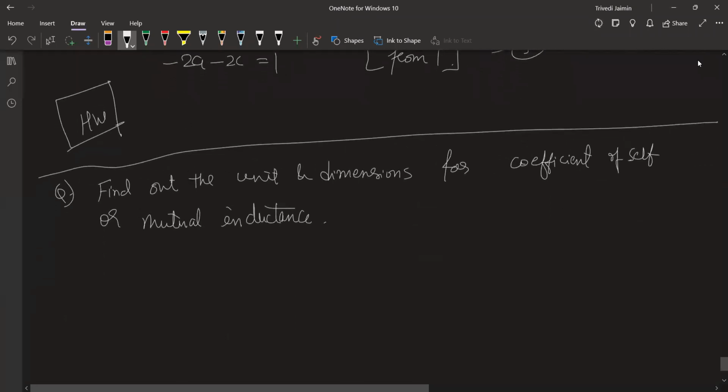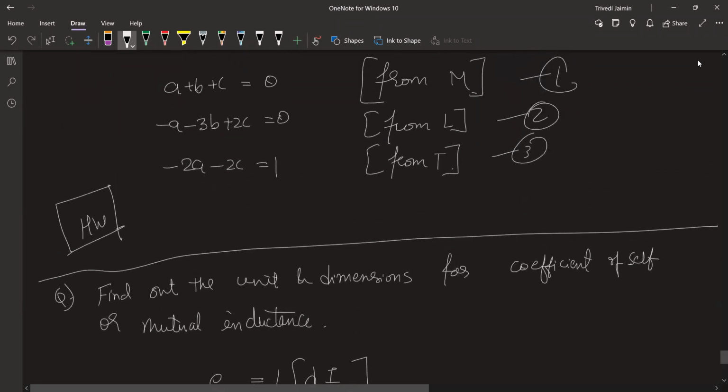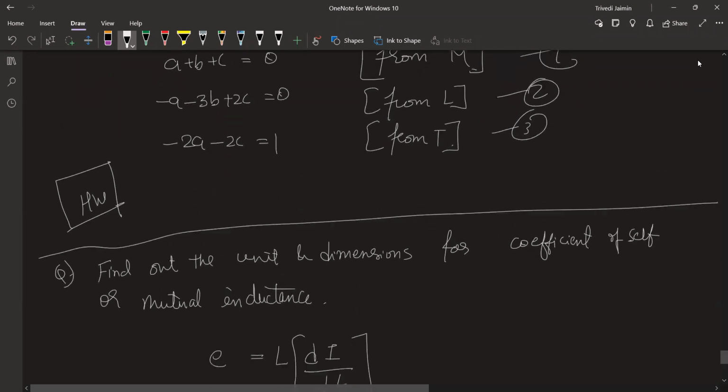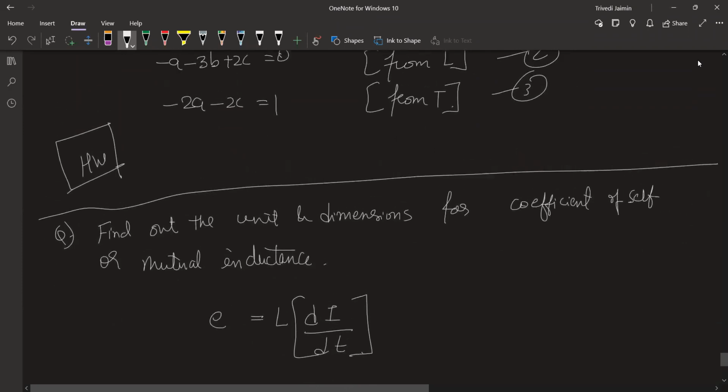E equals L di by dt. Sir, I got the values for the above three equations. Oh, you got it? Yes, sir. B is 1/2, A is 1/2, and C is -1.